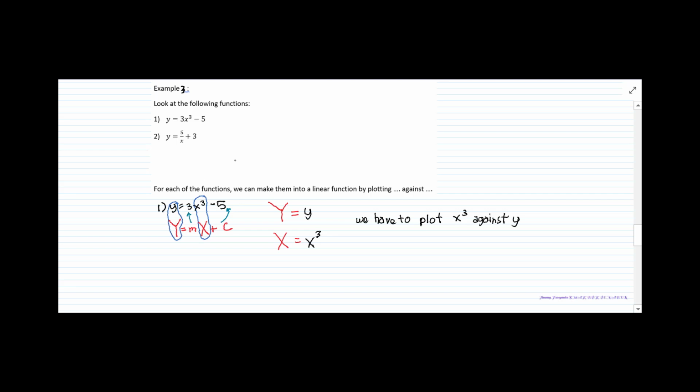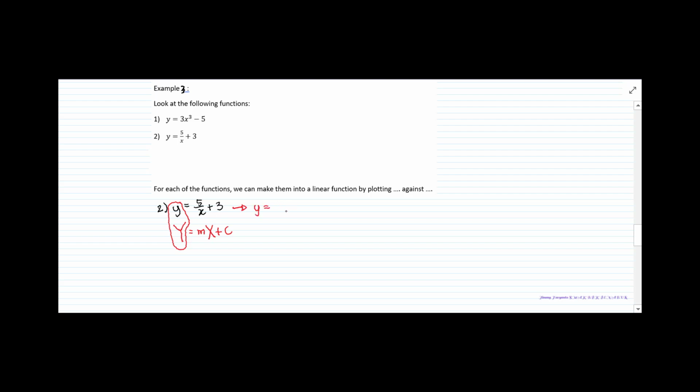Okay, what about number 2? Number 2, we have y equals 5 over x plus 3. We have to plot blah blah against blah blah to make it linear. First we write big Y equals mx plus c. What do you think of this expression? Is it similar? The y is similar, but this one is not really similar. So we have to make it more similar. How? By doing this.